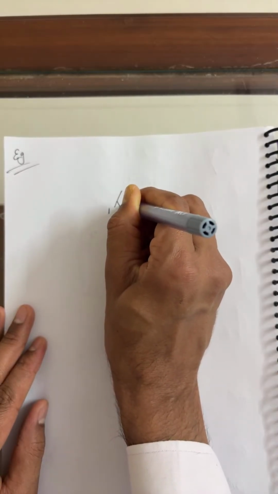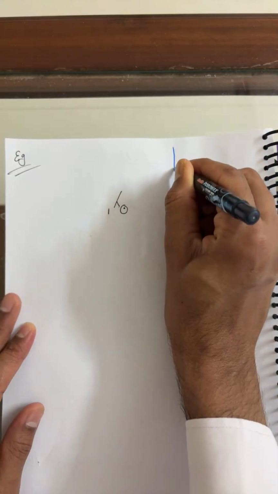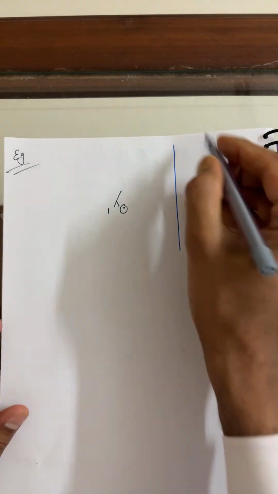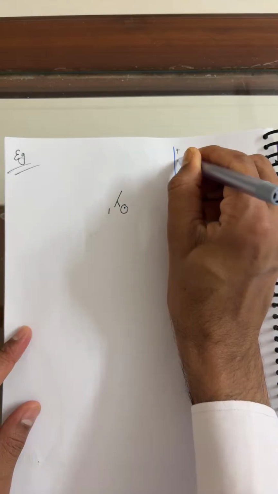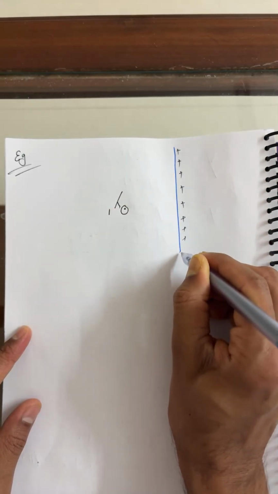The direction of this wire is outward. In front of this wire there is another wire. As I said, there are two long wires. This wire is uniformly charged.